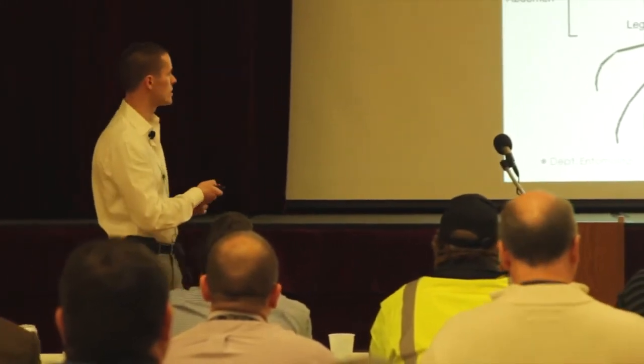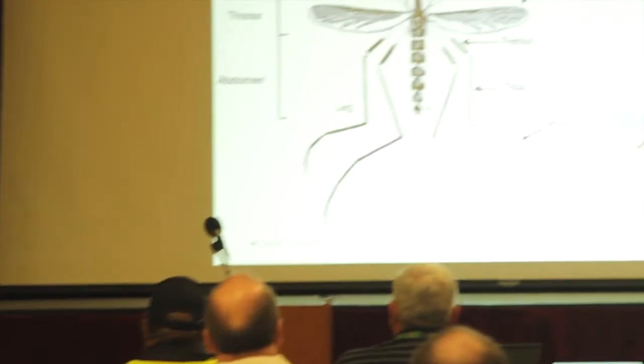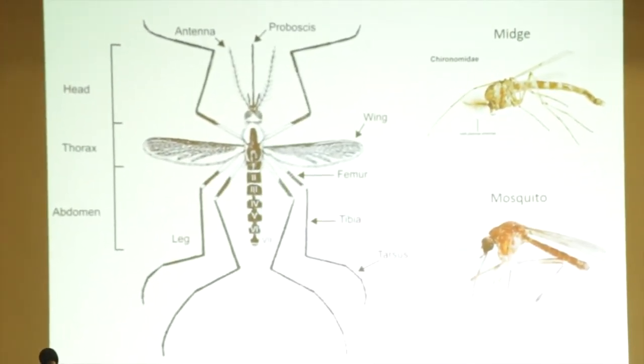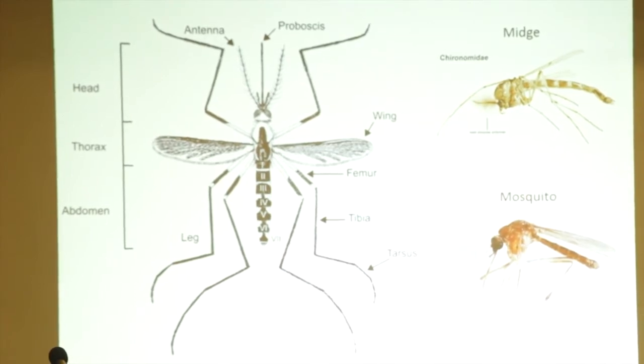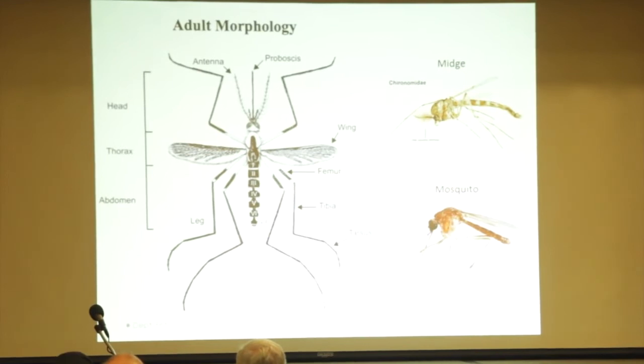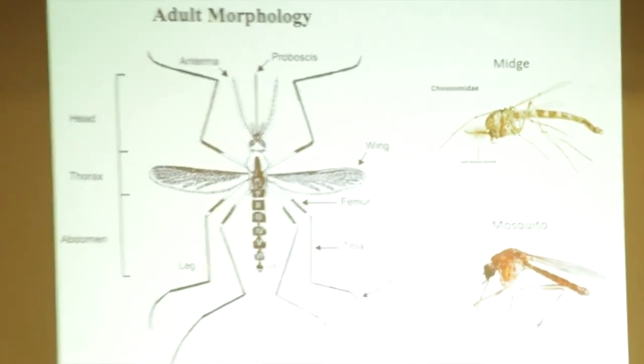A lot of people will mistake midges, members of the Chironomidae family, or Tipulidae, or crane flies, for mosquitoes. One thing you can do to specifically detect and confirm a Culicidae, a mosquito, is look for the presence of this proboscis. That is the mouthpart designed to probe, either for a blood meal or for sugar sources.